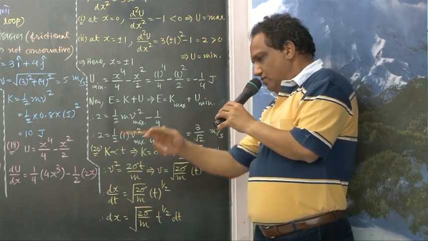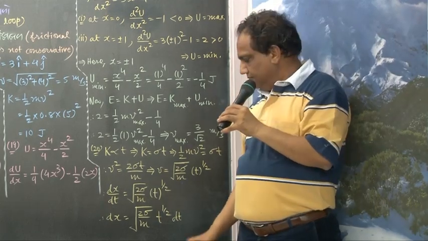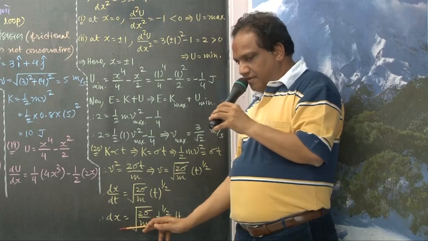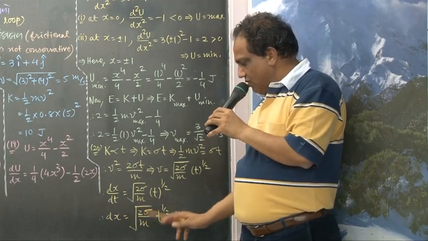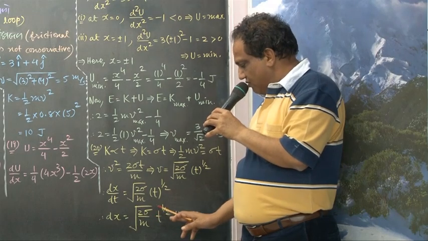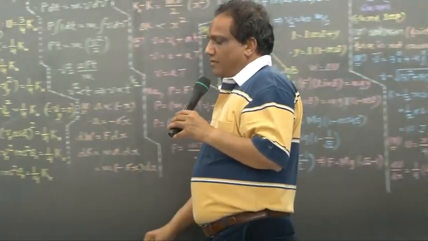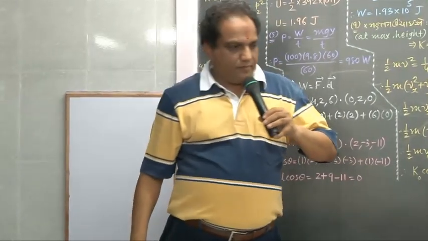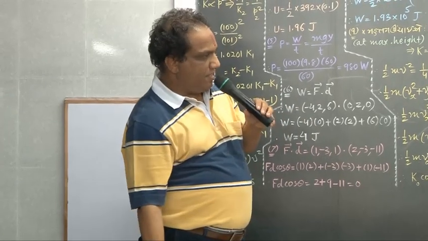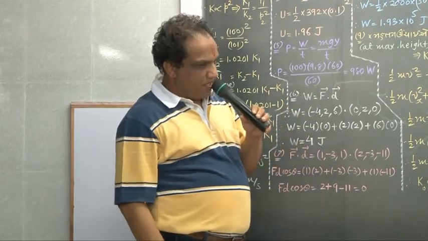Okay? Now on the last page in the note, write down this step, everybody. dx equals under root of 2 sigma upon m into t raised to 1 by 2 dt.